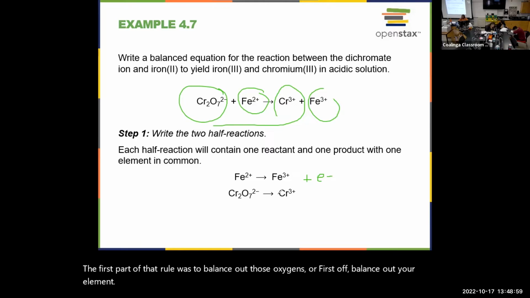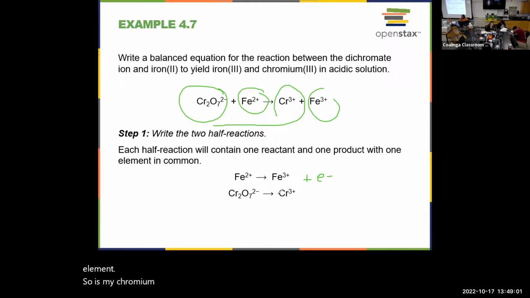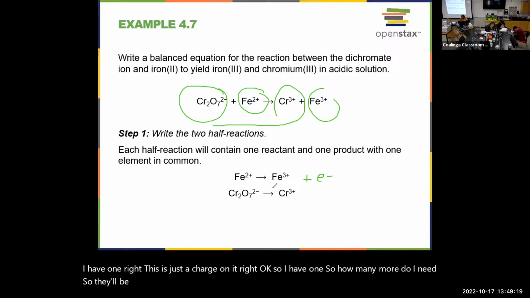So is my chromium balanced? How many chromiums do I have over here? And how many do I have over here? I have one, right? This is just the charge right there. Okay, so I have one. So how many more do I need? So that'll be balanced. I need to put 2 here.